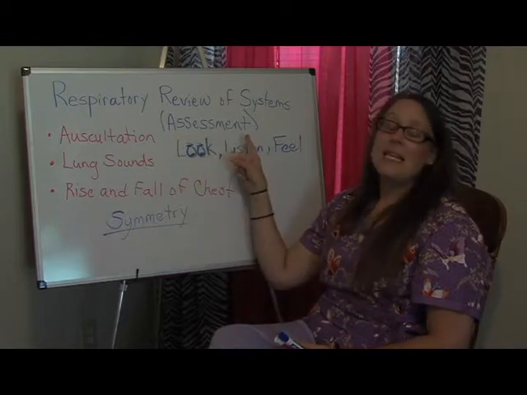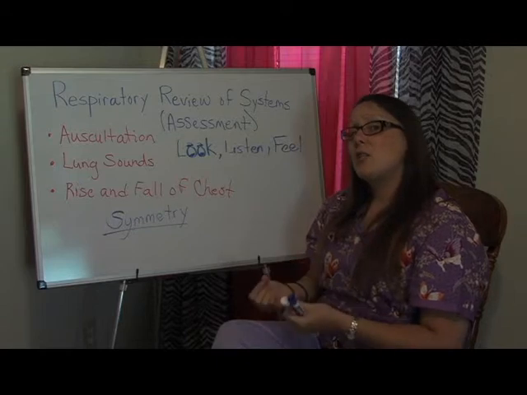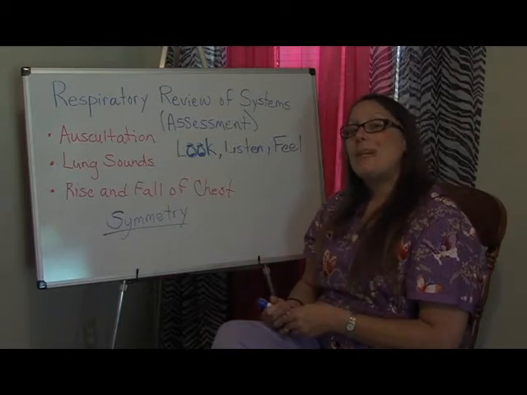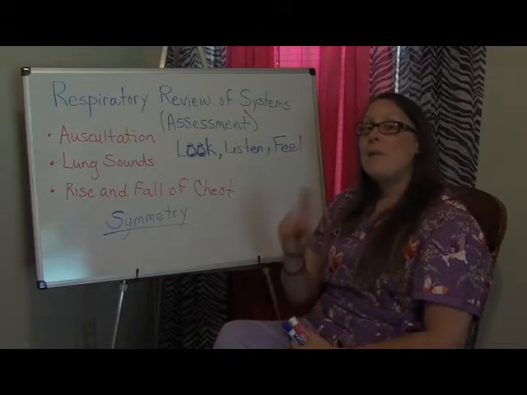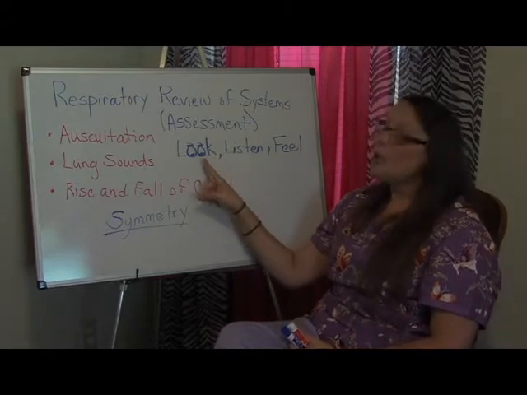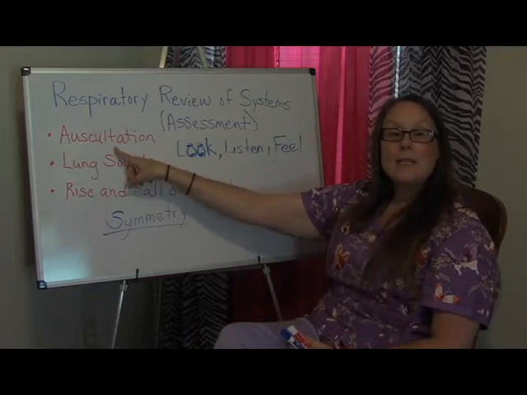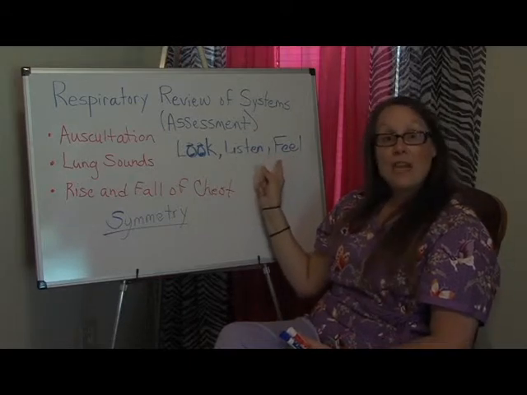Part of our assessment, again, is going back to those physical characteristics and physical presentation of the client. Does the client show any signs or symptoms of respiratory distress? In part of our assessment, what we're looking at, that's the look piece. We already did the auscultation, and we said we listen, and then we feel.